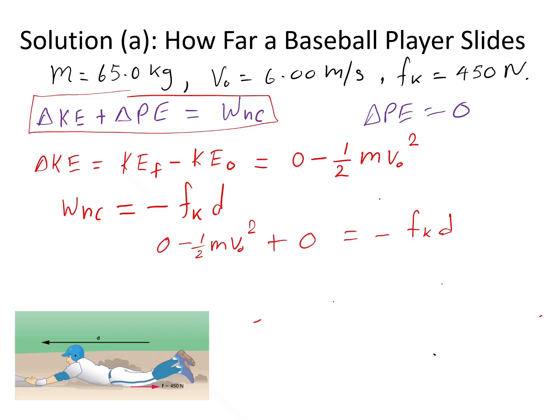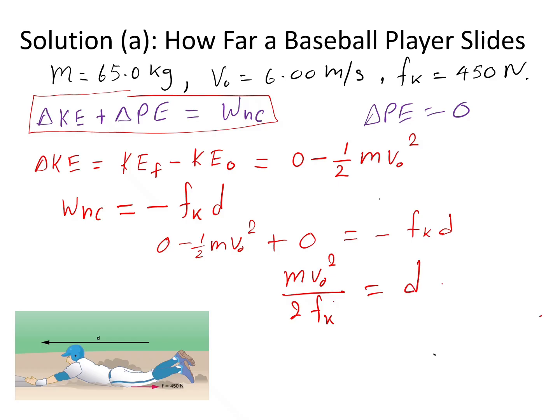We can rearrange this: multiply both sides by a negative sign and then divide by Fk. So we get m v naught squared divided by 2 Fk equals d.